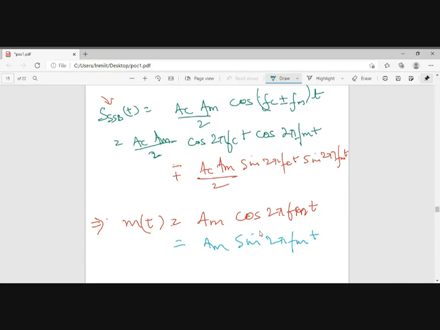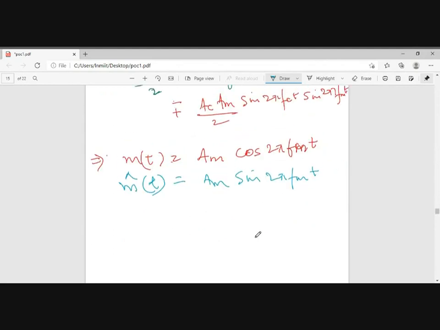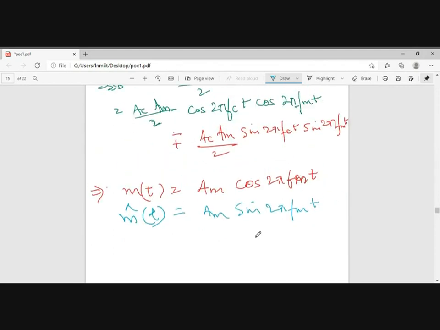In the first two lectures, Hilbert transform. Hilbert transform, right? So यहाँ पर हम लोगों ने रिप्रेजेंट कर दिया m cap t से. So this above equation can be written like this: Ac mt by 2 cos of 2 pi fct minus plus Ac m cap t by 2 sine of 2 pi fct.